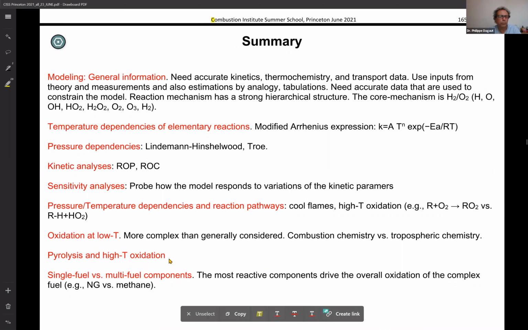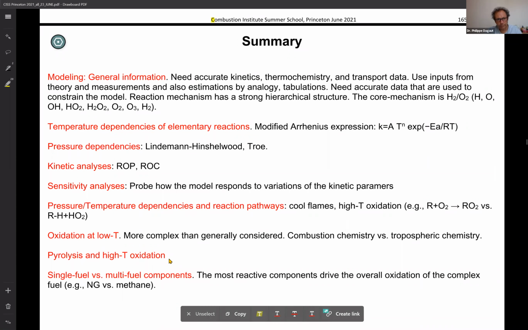When you are thinking about complex fuels like diesel fuels, you can imagine that these large molecules like hexadecane, which are very prone to produce cool flames, will produce radicals, and these radicals will be able to attack aromatics which are present in the fuel.